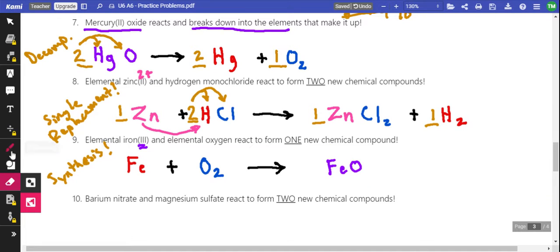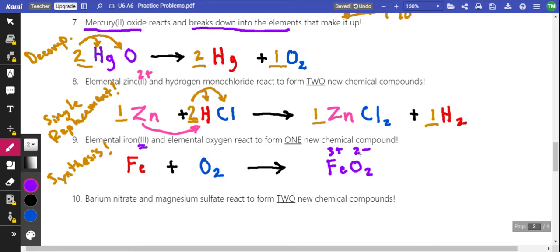Okay, so how can we put together our iron and our oxygen in a way that cancels out our charges? Well, if I just have my one iron and one oxygen, I have too much positive charge. If I had two oxygens, I would have too much negative charge. So it looks like I'm going to have at least one other iron in here.